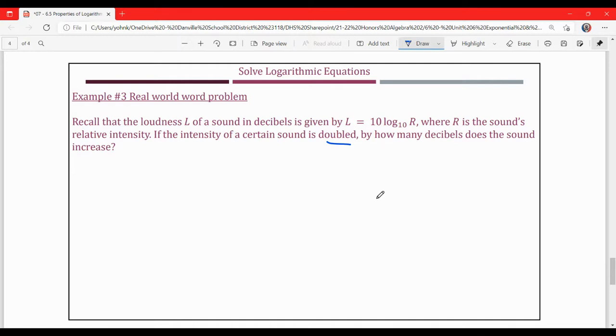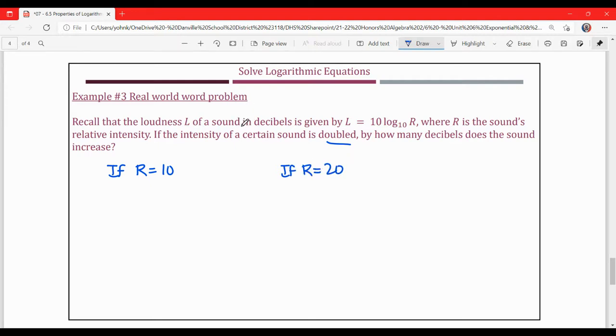Okay, so if I choose some numbers for the sound's relative intensity, let's say R equals 10, and then we'll do it if R equals 20.